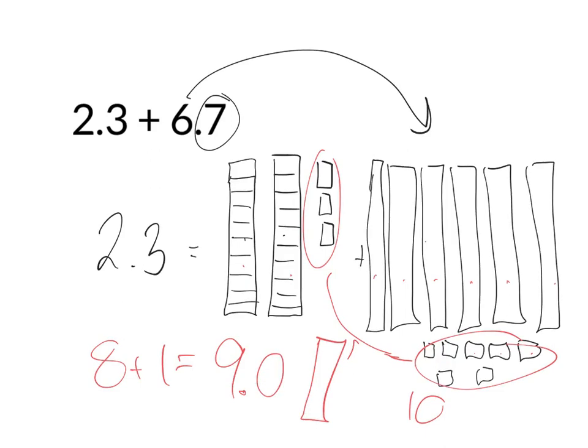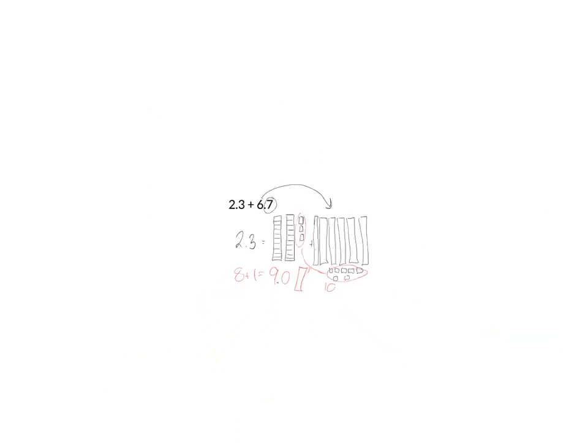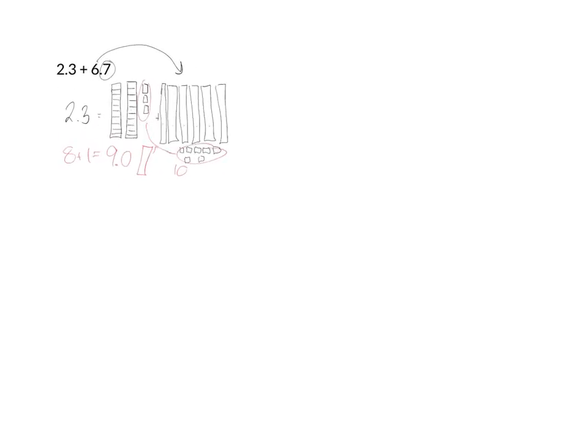Another way of doing this, I'm going to put that up here for now, is if I was to stack them on top of each other, 2.3 and 6.7. And I add them from right to left.